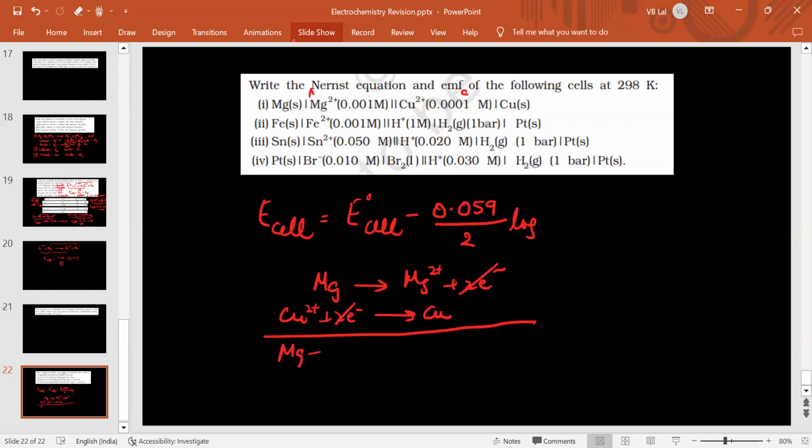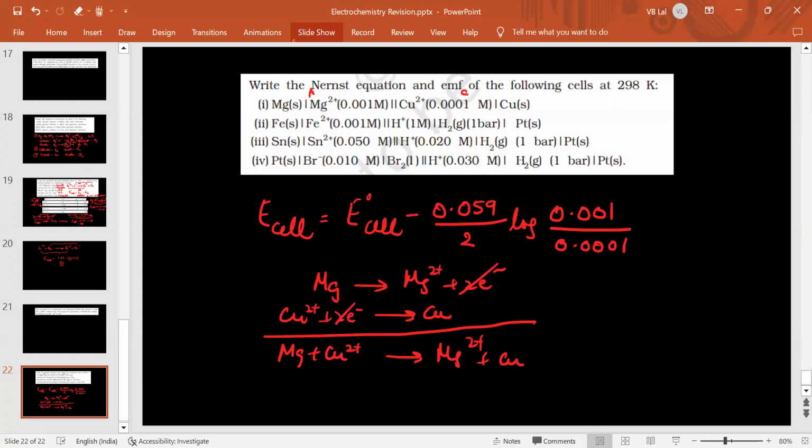So Mg plus Cu2+ gives Mg2+ plus Cu. So you know what is the reactant and what is the product. So what is the product? Mg2+. So concentration of Mg2+, you will write 0.001 divided by concentration of the reactant 0.0001.